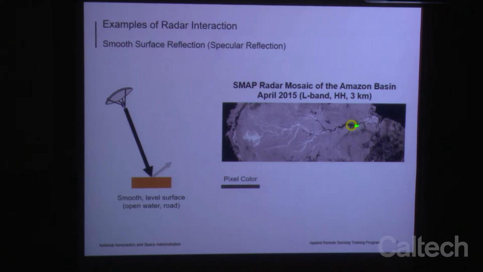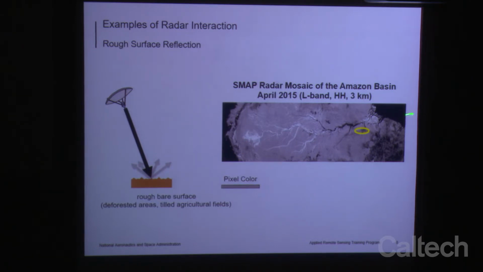Over here, you're seeing very dark areas along the river. This is indicative of what we call specular scatter, which comes from very smooth surfaces such as water surfaces. So it appears very dark in the image because very little, if any, energy actually is scattered back to the radar. So open water looks very dark.